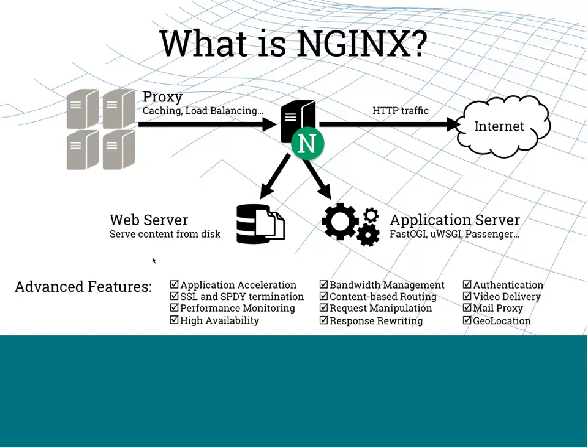And it can also operate as an HTTP proxy, receiving web traffic and then forwarding and load balancing it on to origin servers, what we often refer to as upstream servers. These upstream servers respond, and NGINX then delivers that response back to the remote client in the most efficient way possible.